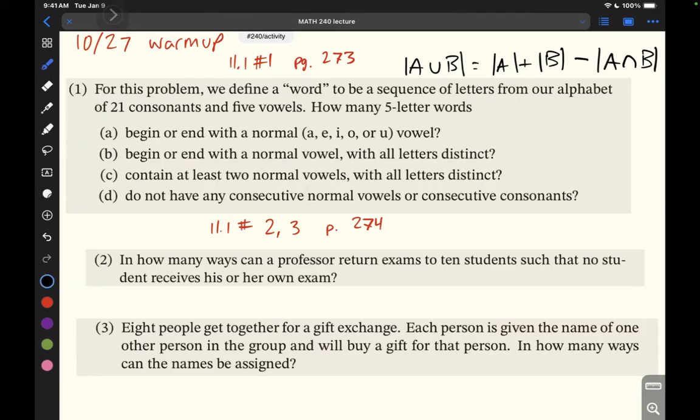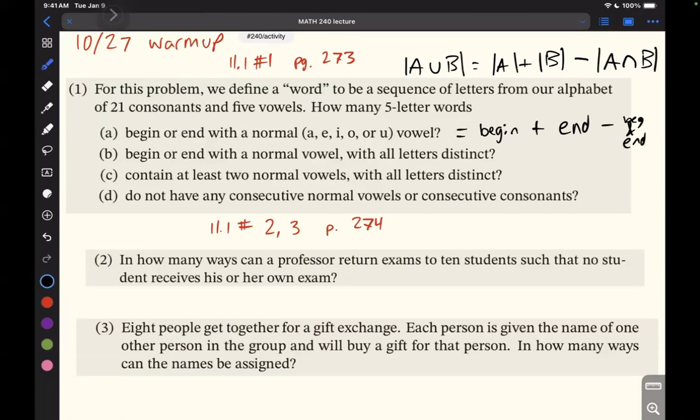Is it the number of consonants and number of vowels? Something like that. Particularly this one, this is the combination of begin plus end minus begin and end, right?